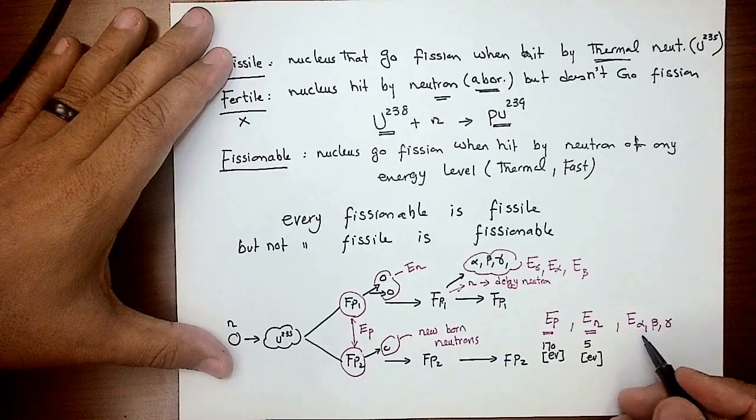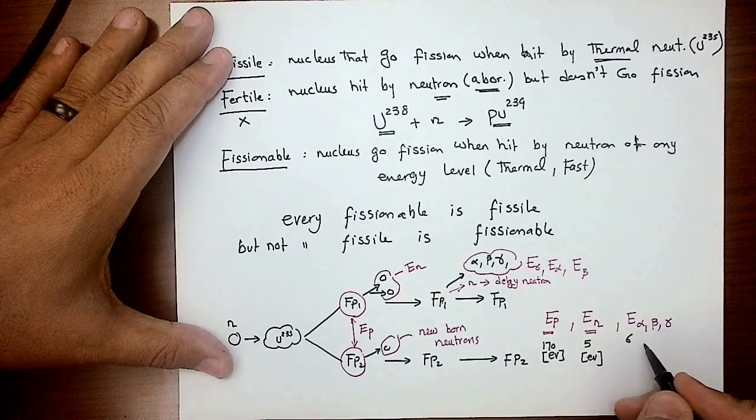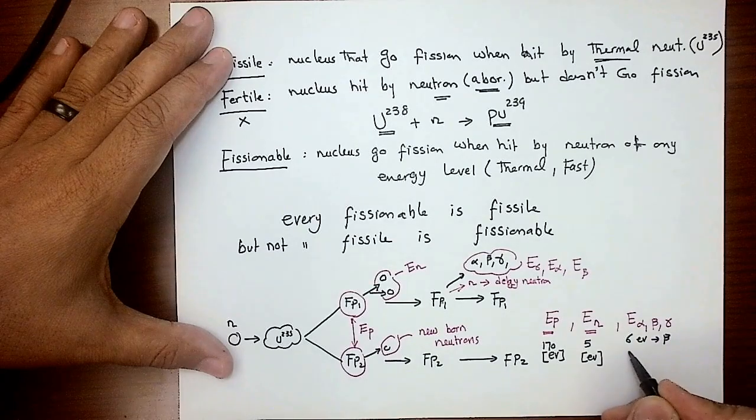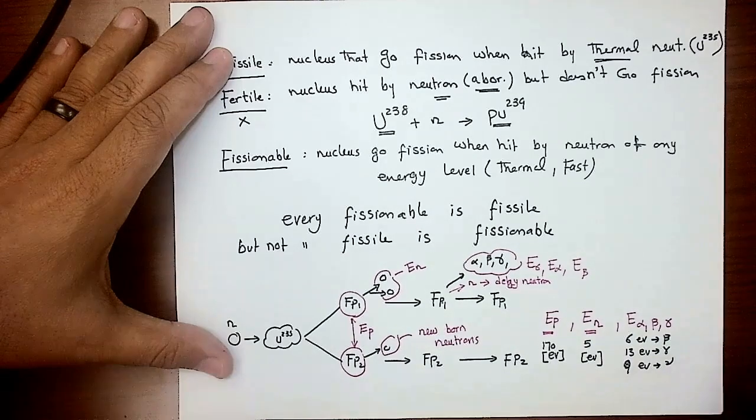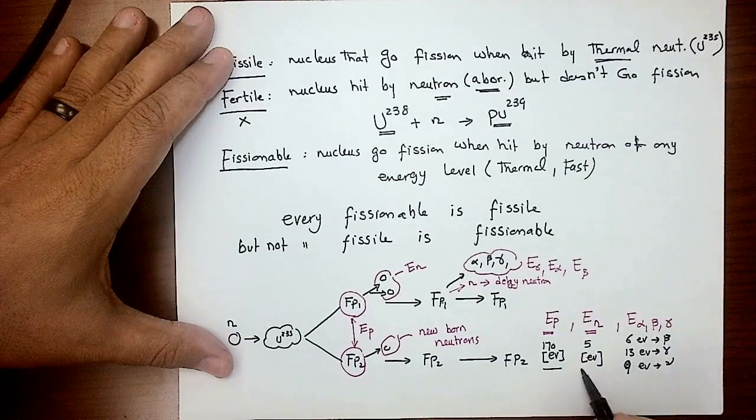Then there is about 6 for the beta, and about 13 for the gamma, and about 8 or 9 for the neutrino. Then you add up all of these together, and you will find the total energy coming from a single fission.